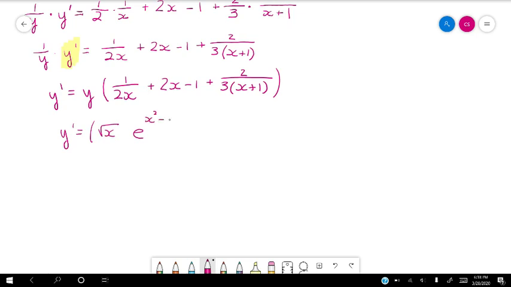I guess I didn't need parentheses since it's just a giant product, but it's okay. But we definitely need parentheses around this part because it's not a product. It's a sum and a difference, or it's a sum.